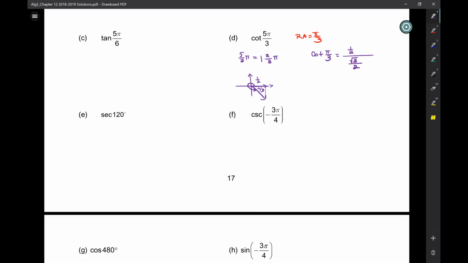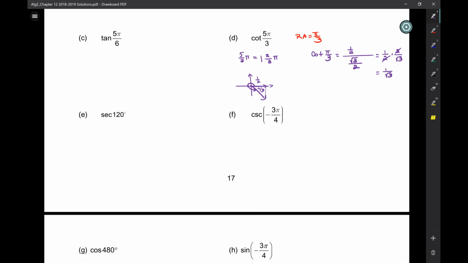Where's the 1/2? You have to watch the screencast from yesterday. So 1/2 over root 3 over 2, and that's 1/2 times 2 over root 3, which is 1 over root 3.